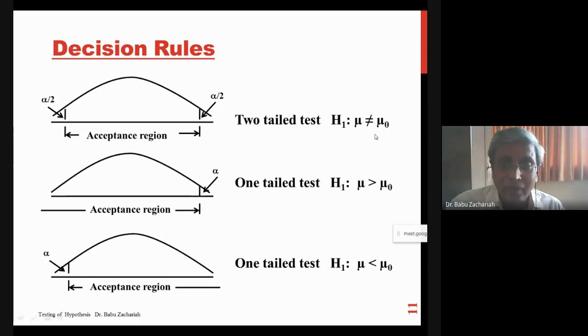So remember this one: not equal to, it will be a two-tailed test. Greater than, it will be a right tail test. Lesser than, it will be a left tail test. So this is decided by the alternative hypothesis. So this critical region, acceptance region, everything comes out of alpha value and also the nature of the alternative hypothesis.